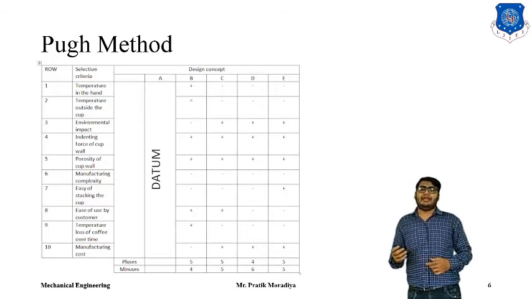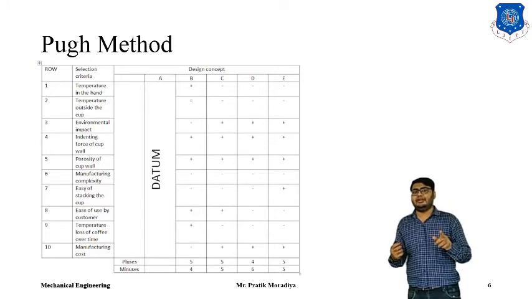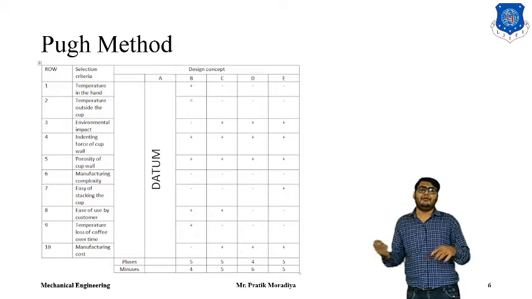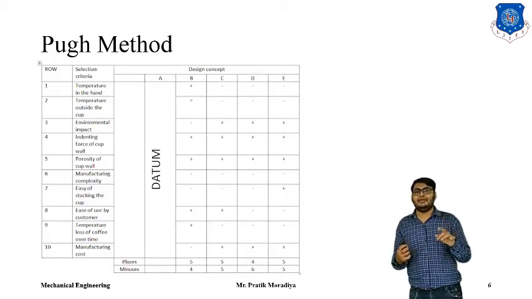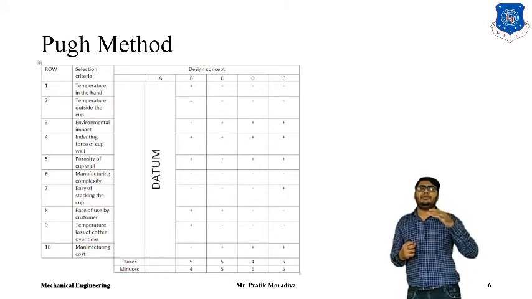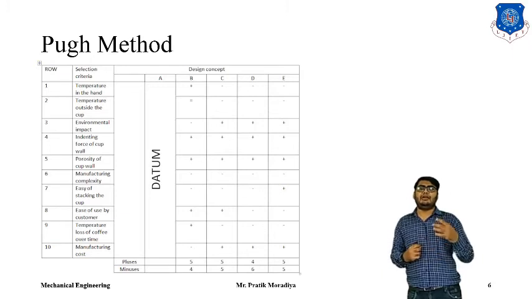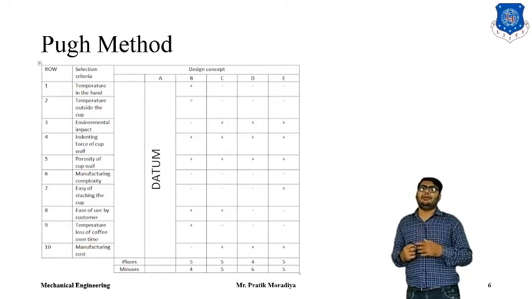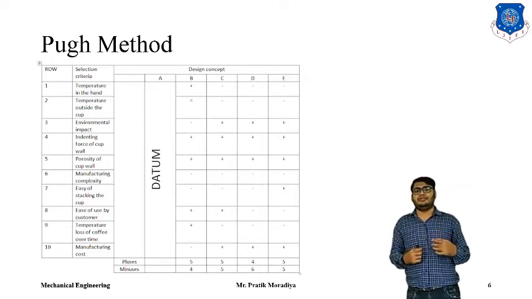If a material excels over our datum, we put a plus mark. If it does not excel or performs poorly compared to our datum, we put a minus mark. After putting those plus and minus marks, we simply count how many pluses and how many minuses there are. A material with more pluses and fewer minuses will be better than the datum.